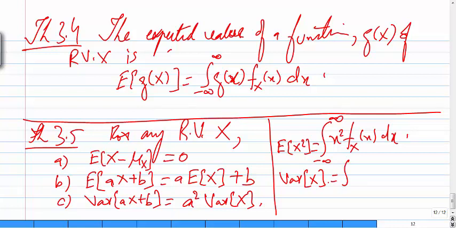If we want to calculate the variance, it is the integral from minus infinity to infinity of (x minus mu_X) whole squared f_X(x) dx. This is the formula we can use to calculate the variance.